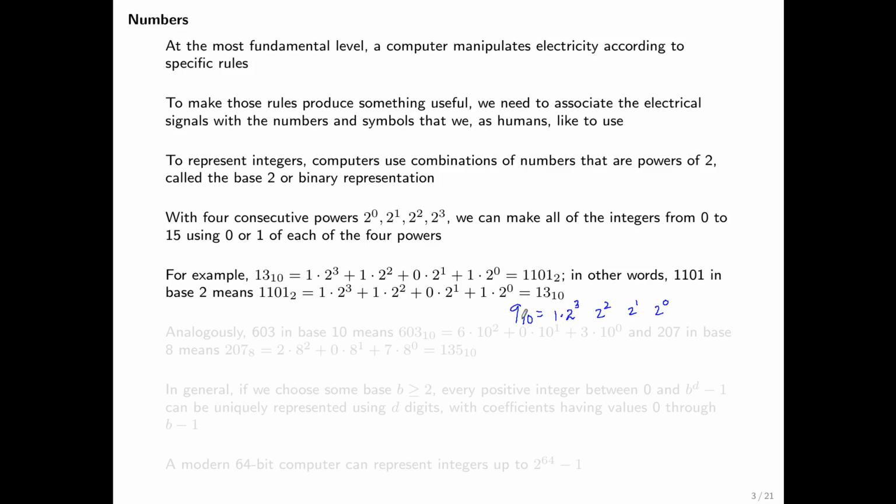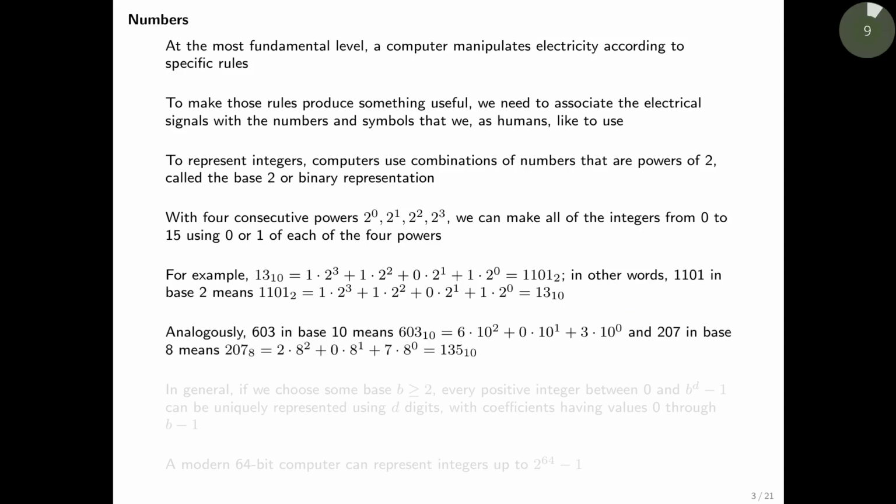That gives me 8, so I'm left with 1. Now, do I need any of 4? Well, I don't, because if I include 4, then I'm going to overshoot 9. So I don't need any of 4. What about 2? The same thing. If I take 2, I'm going to overshoot 9, because all that I need is 1 to fill the gap. So I take 0 of that, and then finally, I'll take 1 of 2 to the 0, which is simply 1. So what I'm saying here is that 9 in decimal is simply 1001 in binary.